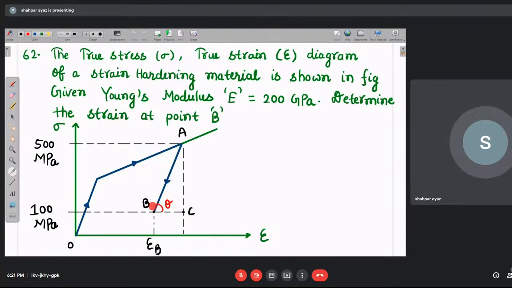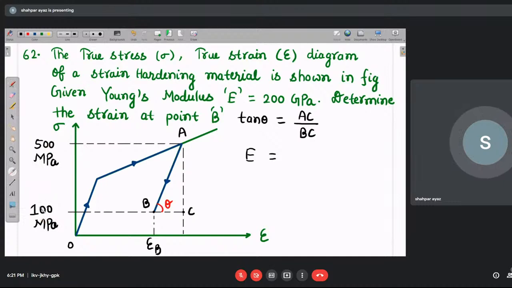Clear? Since these follow Hooke's law, the slope of the loading and unloading curve is the modulus of elasticity. Remember that. So here, if you apply trigonometry, tan theta is equal to AC by BC. Tan theta is nothing but the modulus of elasticity.